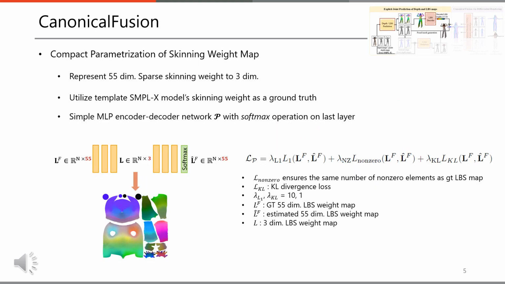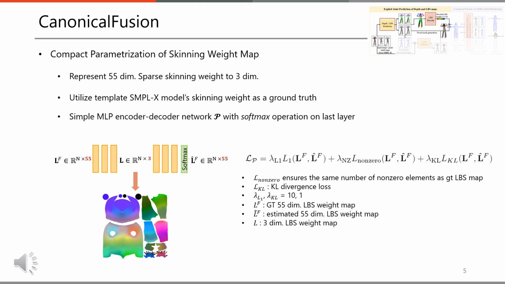First, we do compact parametrization of skinning weight map to represent 55-dimensional map as a 3-dimensional map. We augment those weights by doing barycentric interpolation on SMPLX UV map and use them as the training dataset for compact parameterization of LBS. We use a simple autoencoder MLP network to encode and decode it back to full 55 dimensions. We use L1, KL divergence and non-zero loss.